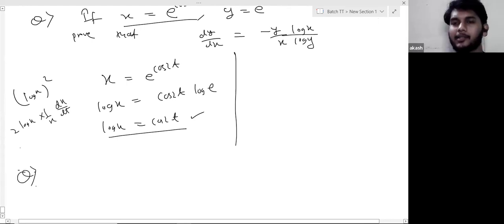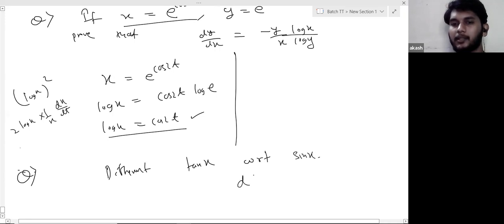Now, one last type of question they will ask you: they might ask you to find differentiation with respect to another function. What I mean by that: differentiate tan x with respect to sin x.